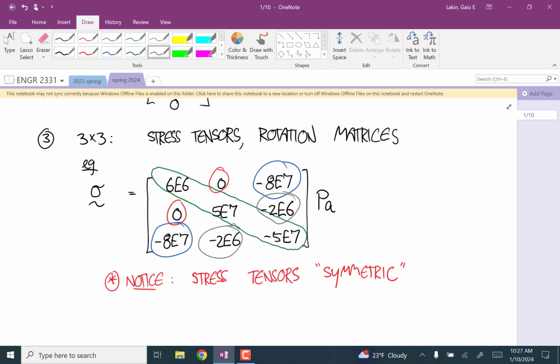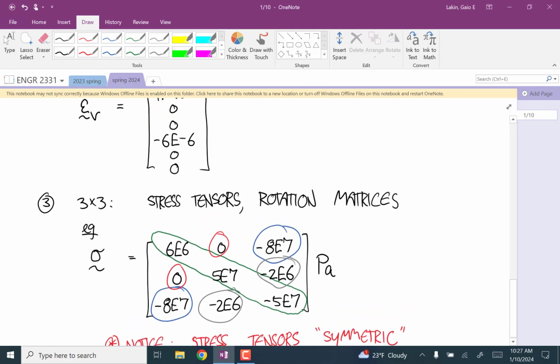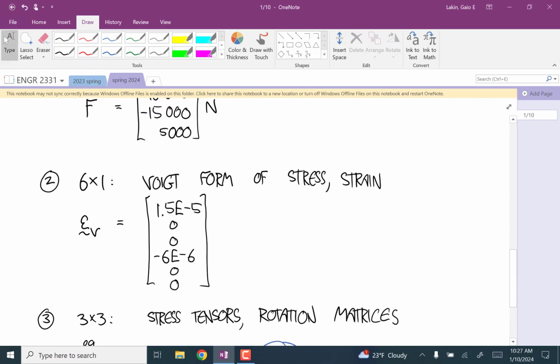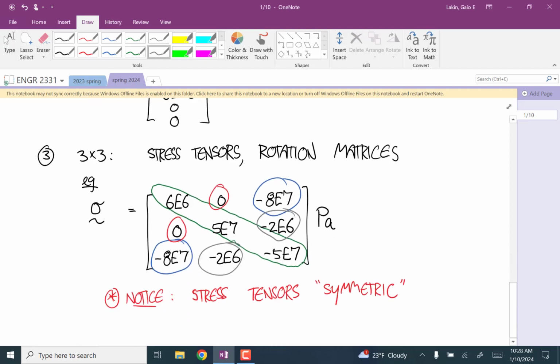And actually, the fact that the stress tensors are always symmetric is the reason that we can represent stress tensors in what's called the Voigt form here. Because how many elements are there in a stress tensor? 3 by 3 is 9, right?